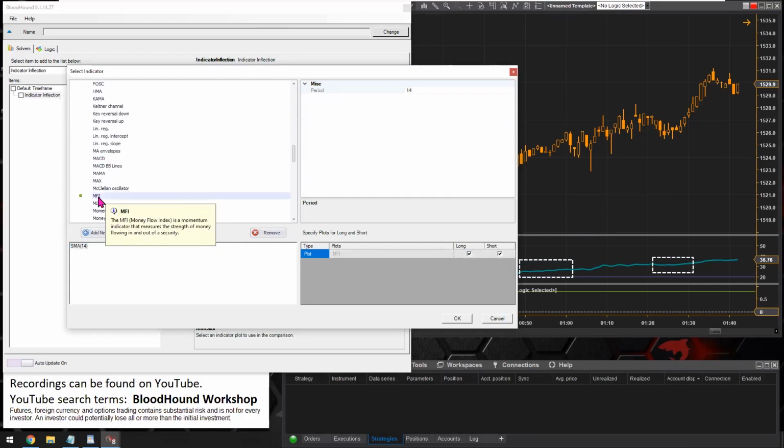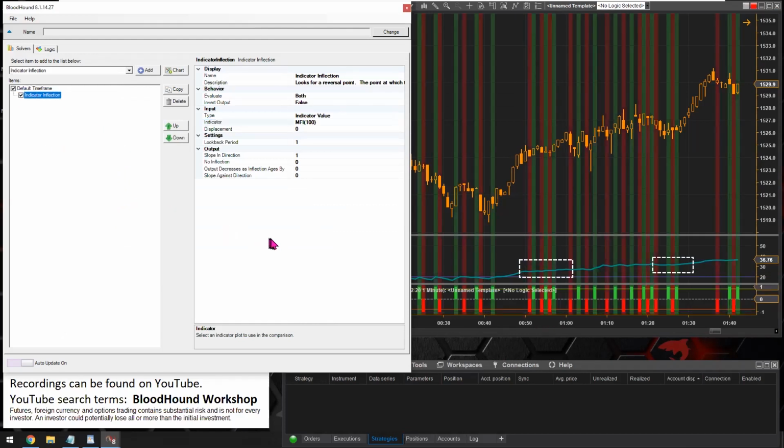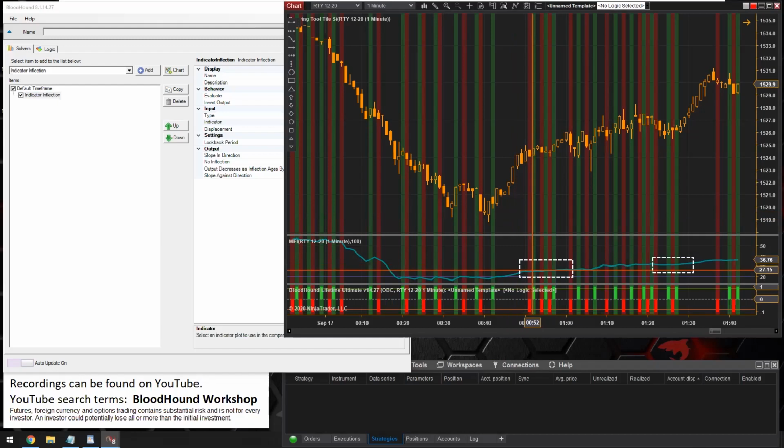There we go, MFI. To build an example here, I'm using a 100 period to try and help get some of these flat areas. If we turn that on, we can in fact see that there are a lot of inflection points in these circled areas, but they look kind of flat.